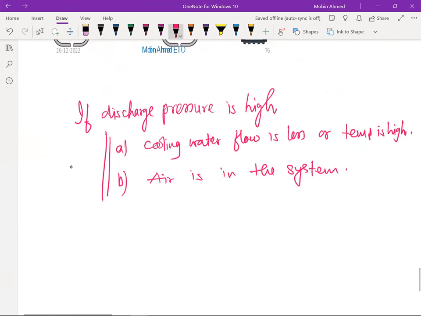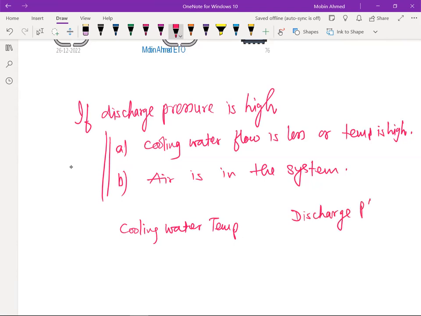Suppose the cooling water temperature, how much is it? Generally, we have a thermostat put in the cooling water line, so you will come to know the temperature and what the discharge pressure should be.